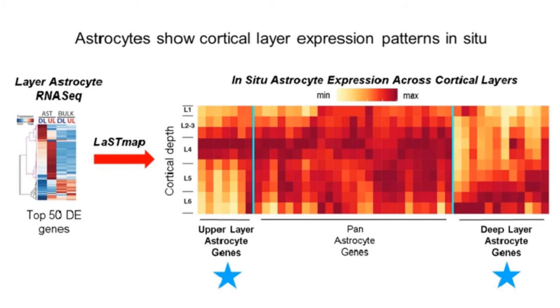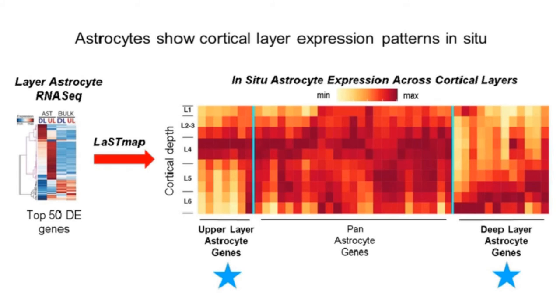Many of the genes that we identified here showed slight enrichment patterns, slight biases to the upper layer astrocytes, yet we can detect their expression in most of the astrocytes throughout cortical depth, suggesting that they are more likely to be pan-astrocyte genes, as indicated in the middle.